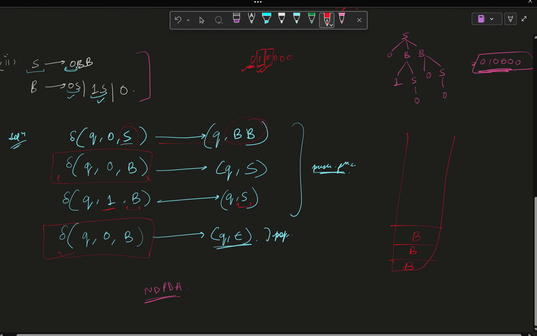So now we are encountering one more 0 here, and this is on top of a B. So instead of replacing this B again with an S, what I can do is simply pop this B out in order to have my empty stack back, right? So this B here is popped on encountering this 0. I pop this B and now I'm left with 2 more B's.